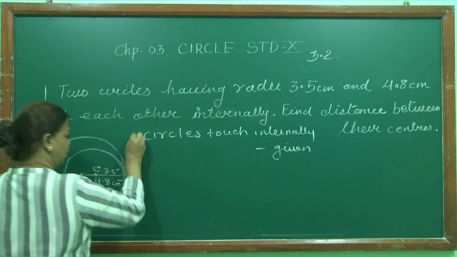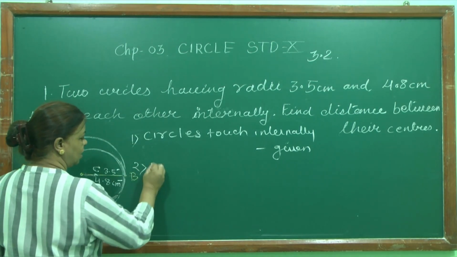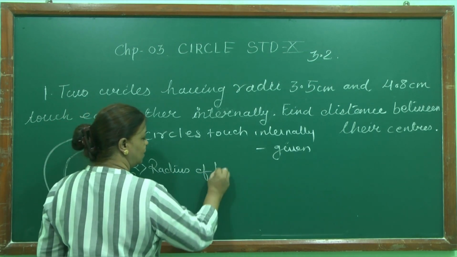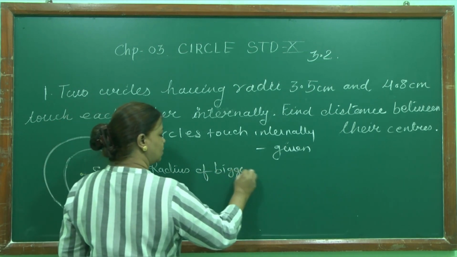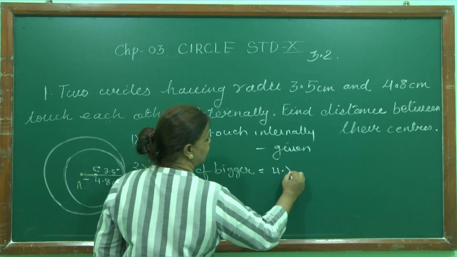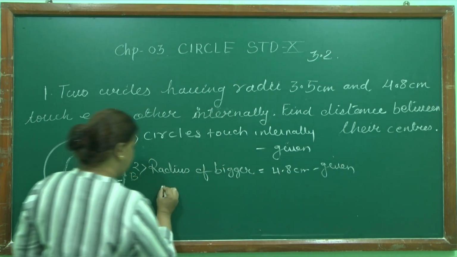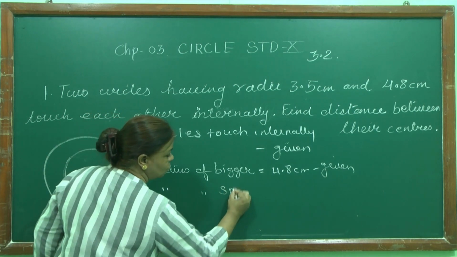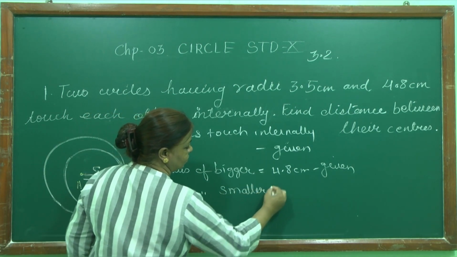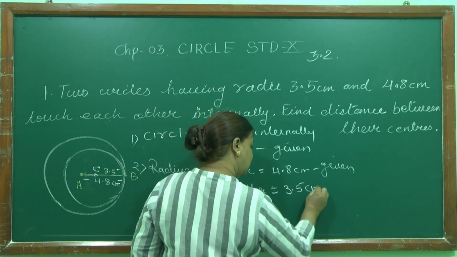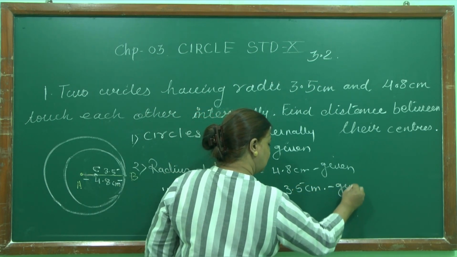Second point, radius of bigger circle is equal to 4.8 centimeter. Reason: given. And radius of smaller circle is 3.5 centimeter. Reason: given.